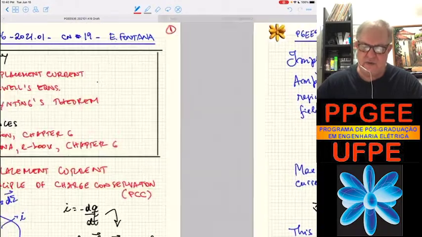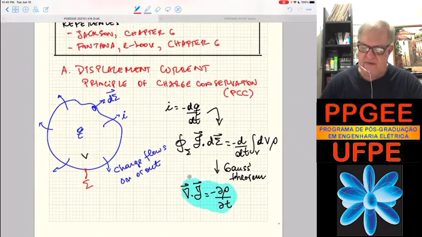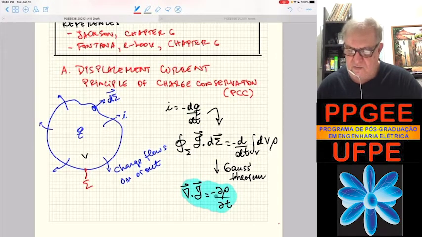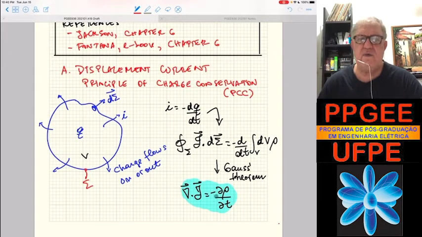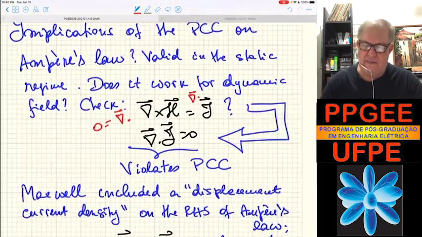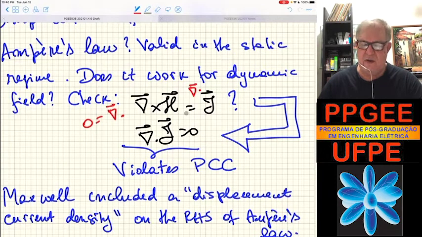I just showed you that the principle of charge conservation establishes that the divergence of J equals minus d rho dt. In other words, for time-varying fields, J is not solenoidal. On the other hand, Ampere's law in differential form implies that J is solenoidal. So something is wrong. We have to fix this relationship here.